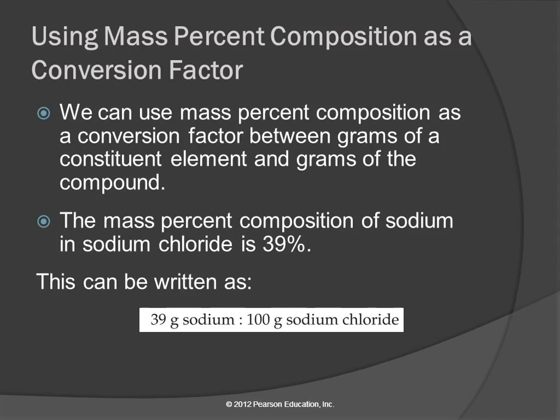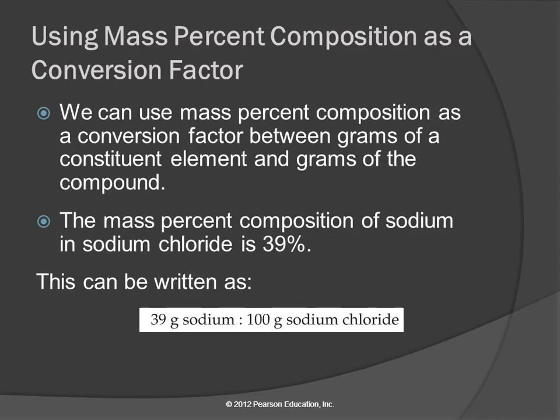Mass percent composition can make a really useful conversion factor. Another way to think about percent, like here, the mass percent composition of sodium in sodium chloride is 39%. That means 39 parts per 100 parts. Percent, cent is 100.